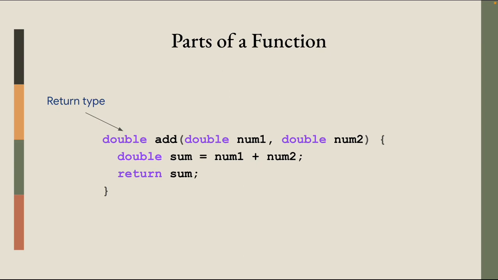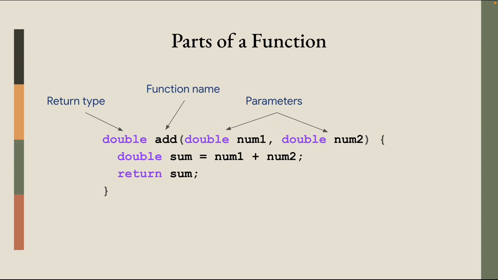Question: what's in the parentheses? Those are the values we're going to use within the function to actually do the calculation. So basically, when somebody calls my add function, they need to provide two doubles.